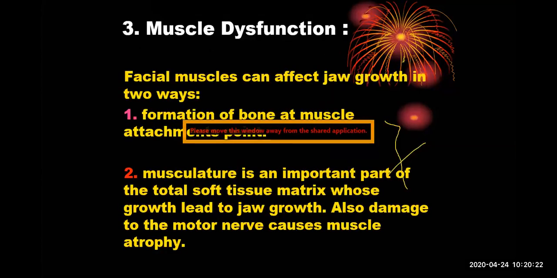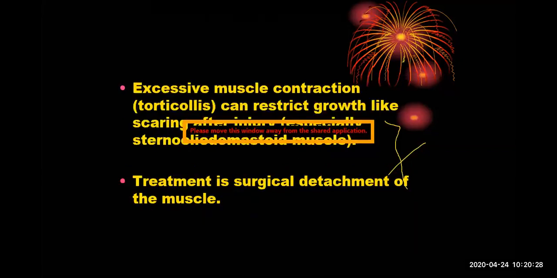So what will happen when there is muscle dysfunction? When there is muscle dysfunction, that part of the bone may not develop based on your functional matrix theory. So that is the importance of muscle dysfunction. Based on your muscle pull only, your skeleton will be formed, the bone will be forming.